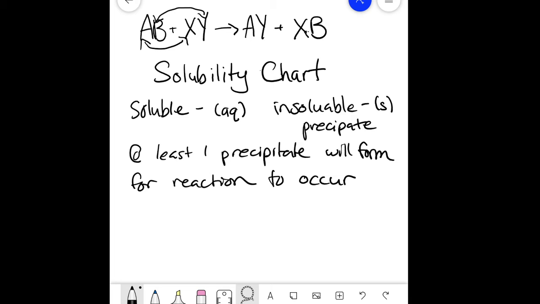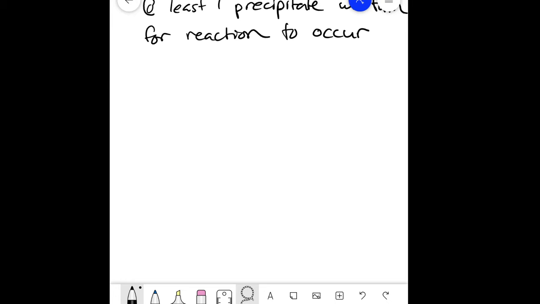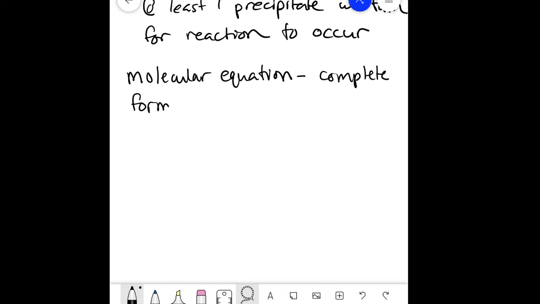Okay, so as we have all learned, writing these is quite time consuming, as you have to write 3 equations. So let's go over the 3 equations you're going to have to write. We have the molecular equation. The molecular equation is just the complete formulas and the solubility info, also known as the state of matter, which in most cases is going to be either aqueous or solid.